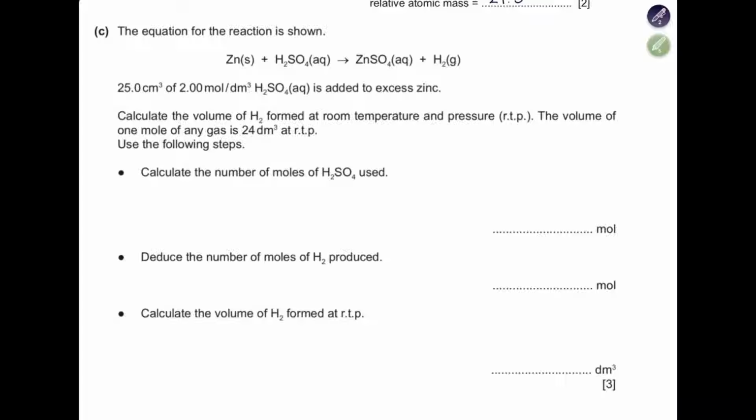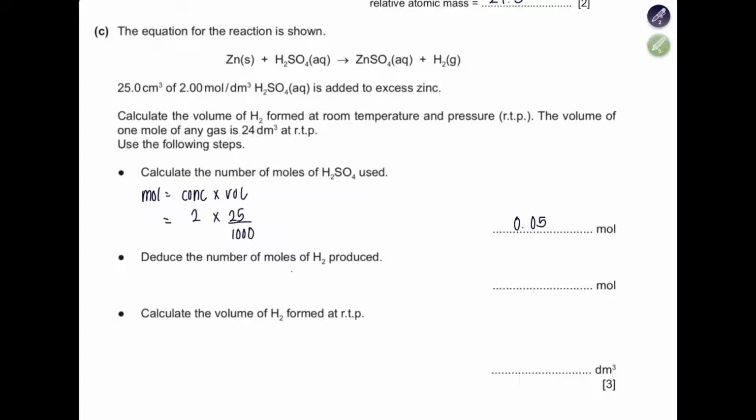So we can find moles as concentration times volume. Concentration is 2 multiplied by 25 divided by 1000. This is going to give you 0.05. Deduce the moles of hydrogen produced.